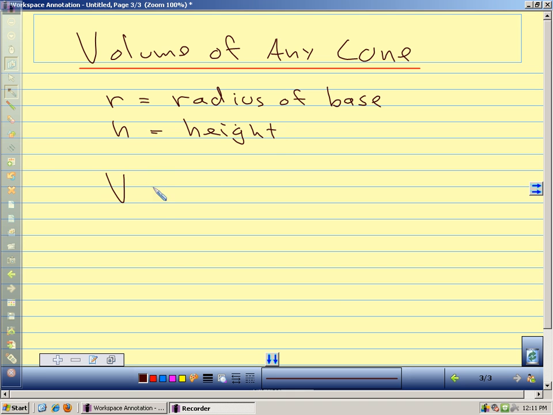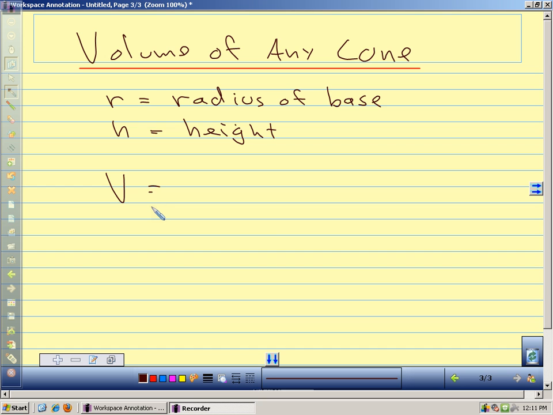Our volume is going to be, now let's think about it for a second before we write it down. We decided that cones are kind of like pyramids, and we talked before about how cylinders are kind of like prisms, and we related the volume of our pyramid to the volume of our prism.